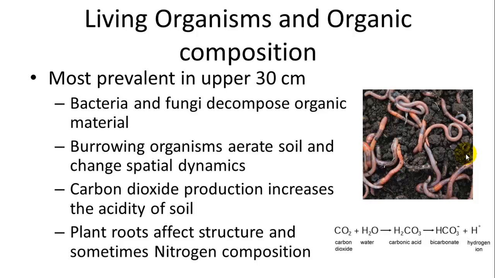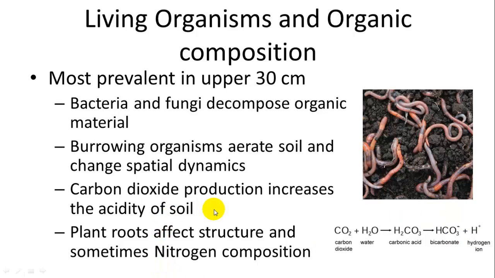All these living organisms also produce carbon dioxide, whether they are going through aerobic respiration or anaerobic fermentation. Carbon dioxide will react with water to create carbonic acid, which then dissociates into bicarbonate and hydrogen ion. And so that can make the soil more acidic and affect the soil that way.